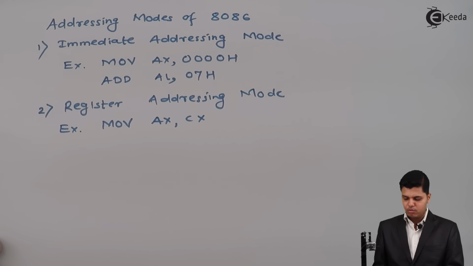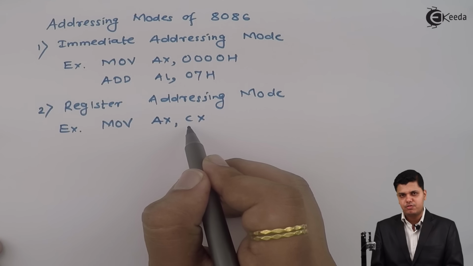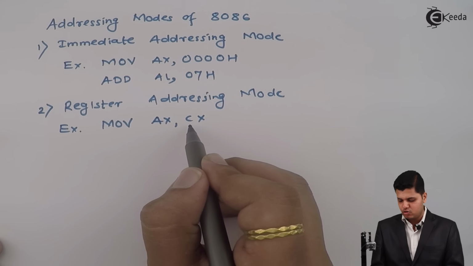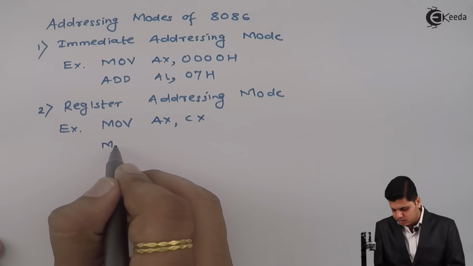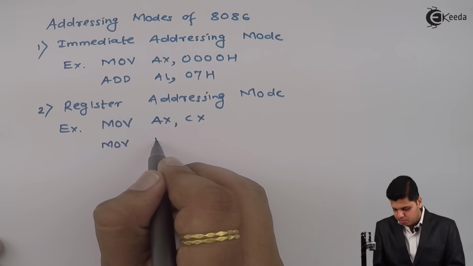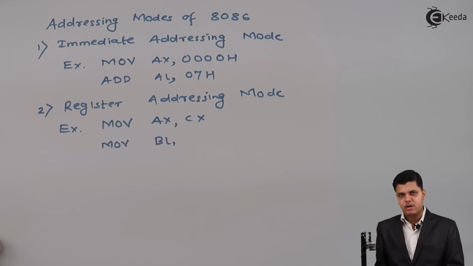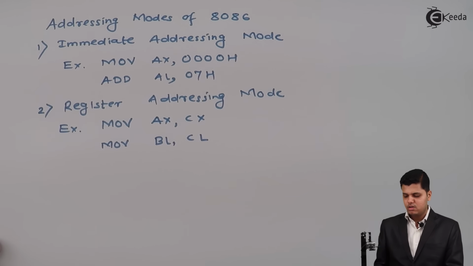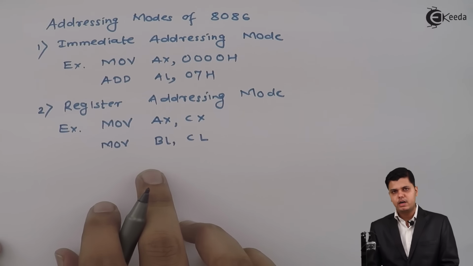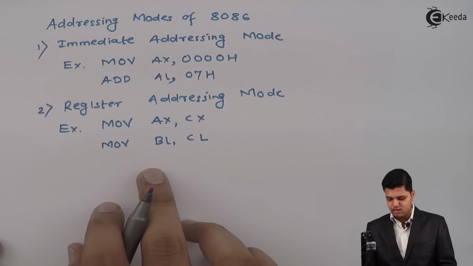The operation performed is that the contents of the source register are copied to the destination register. Similarly, I can write MOV BL, CL, where BL is the destination. This is an example of 8-bit data transfer using register addressing mode.